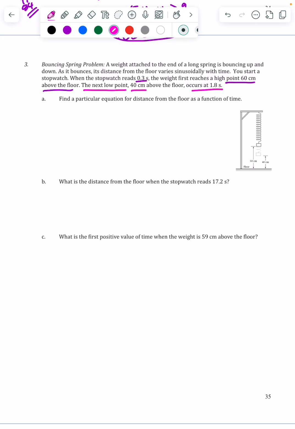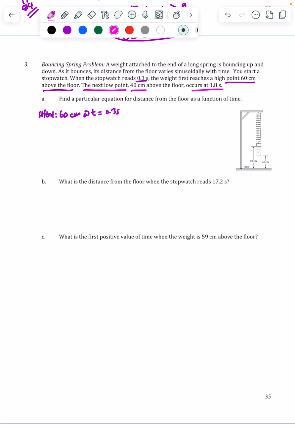So we're kind of repeating the same thing over and over again. So let's try this. Let's start first with high, which is 60 centimeters, and this is at t equals 0.3 sec.